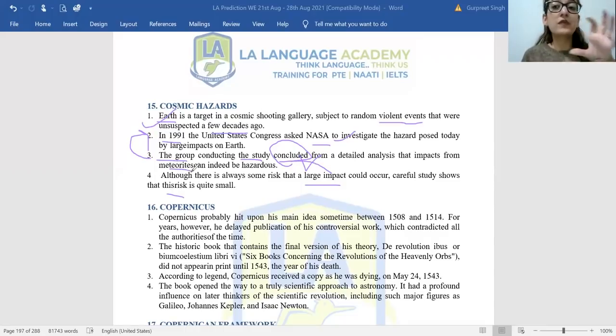That's why we first tell a story, and then we conclude that the impact of meteorites can be there, but it's a very small risk. Putting it first cannot answer what impact and what risk we are covering in this sentence. So this is 15.